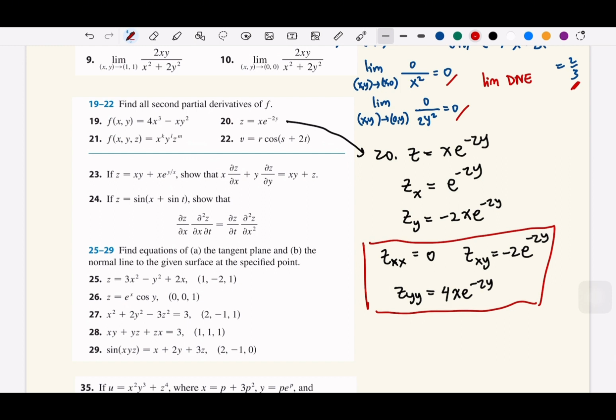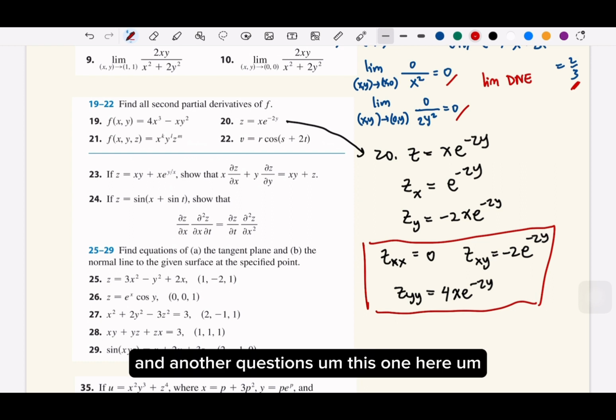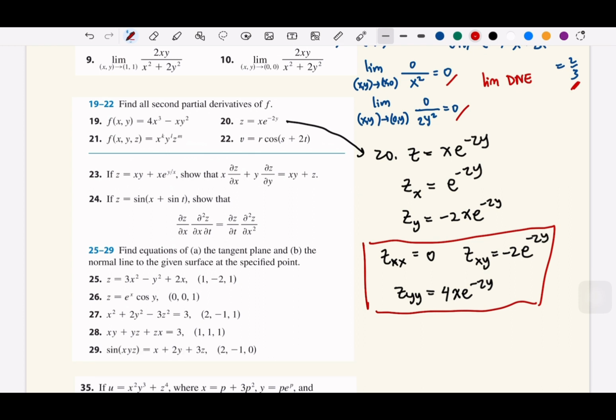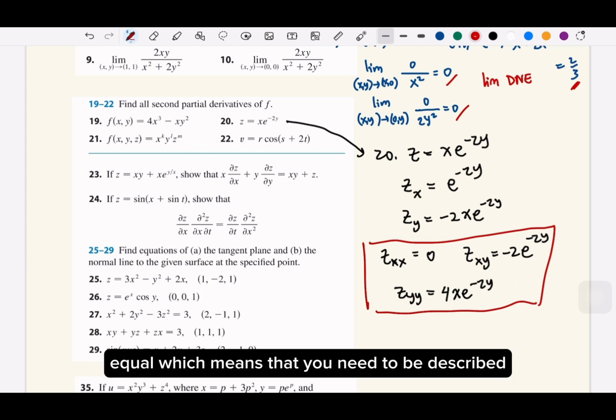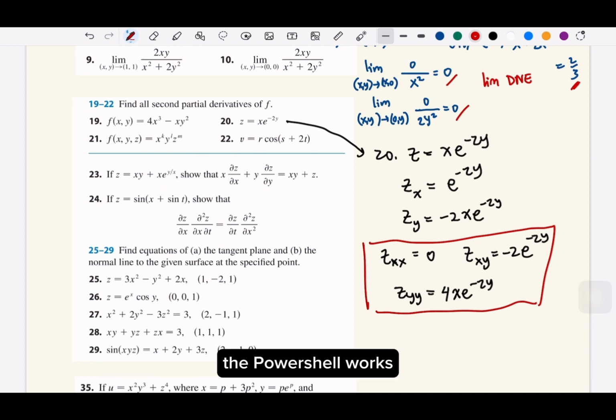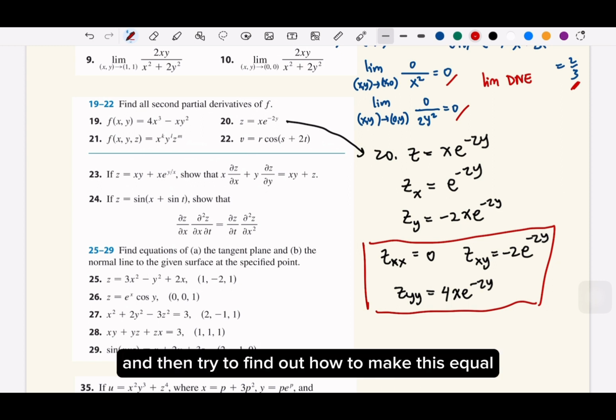And another question, this one here. Sometimes you need to show that this equation is equal, which means you need to describe the partials and then try to find out how to make this equal.